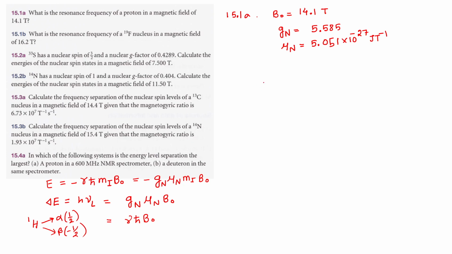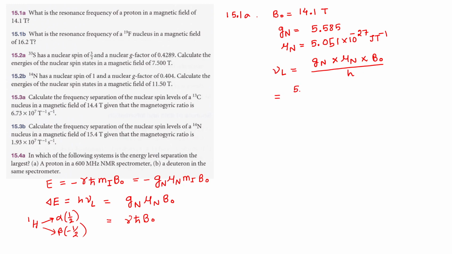So your nu L is going to be Gn mu n B0 divided by h, that is the Planck constant.